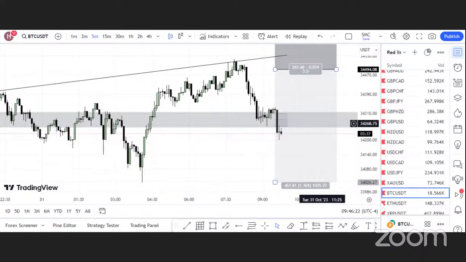Then I will look out for a gap in the market before I open a position. So I love opening positions from the fair value gap, though it's not so advisable if you're just starting out. If you're starting out, stick to order blocks.